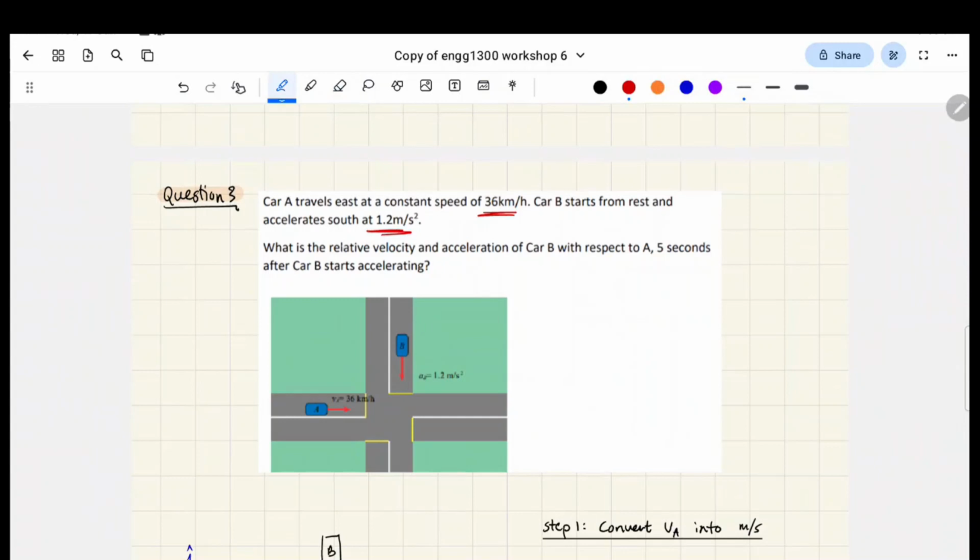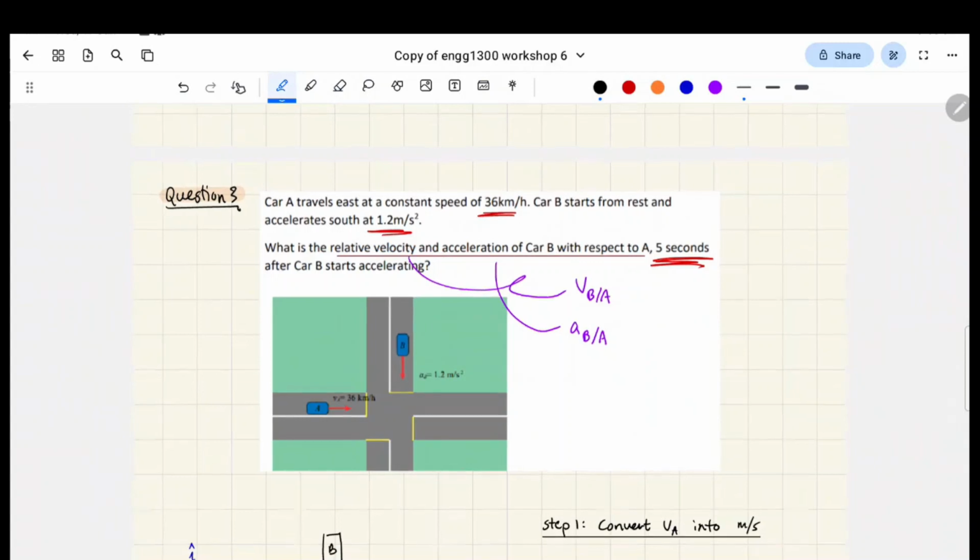And then it's asking about the relative velocity and acceleration of car B with respect to A. So again, I'm going to write that out as VB with respect to A and AB with respect to A. That's what it's asking for, pretty much. And it'll be 5 seconds after it starts accelerating.